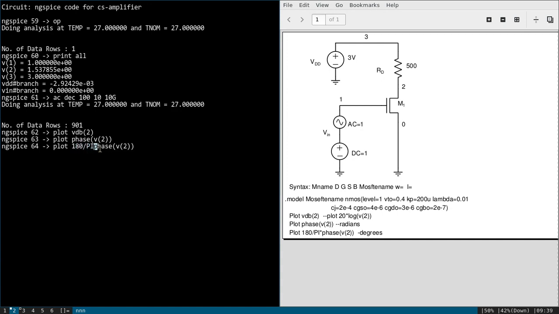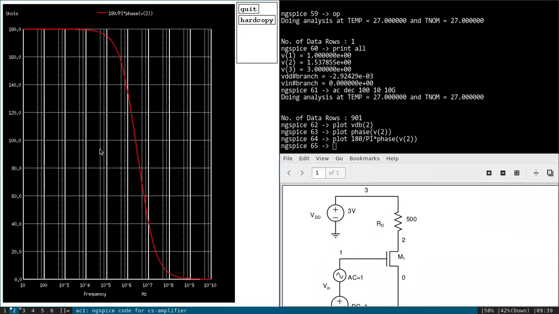It is the constant defined in Ngspice, and multiply by this. So you can see here initially 180 degree phase shift. It is a common source amplifier. Later you can see how at pole frequency it will be 90. So finally you can see phase changes from 180 to 0. Okay. So that's it. Thank you.